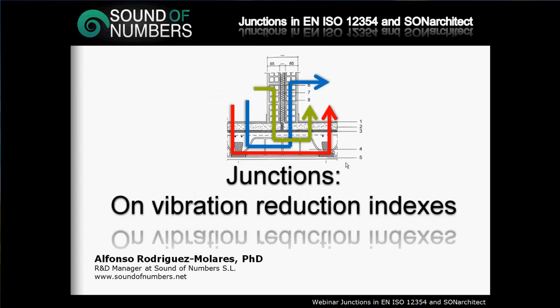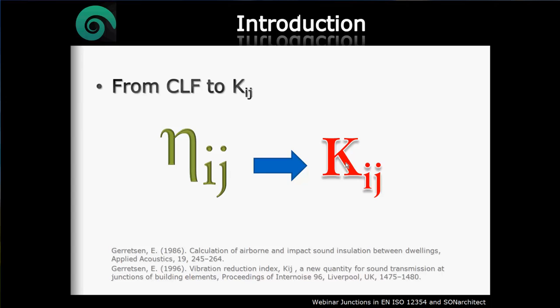Maybe you are already used to concepts about statistical energy analysis. It's not the aim of this lecture to give a deep introduction to statistical energy analysis, but just to give a little bit of background on the context of the problem.